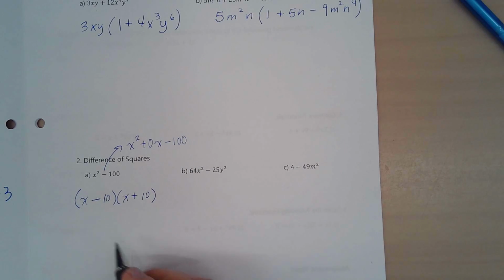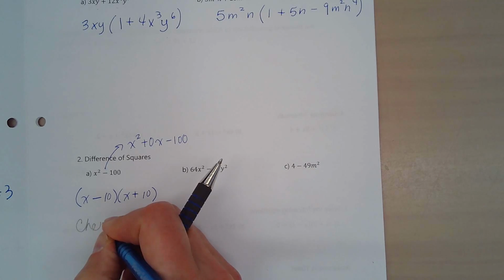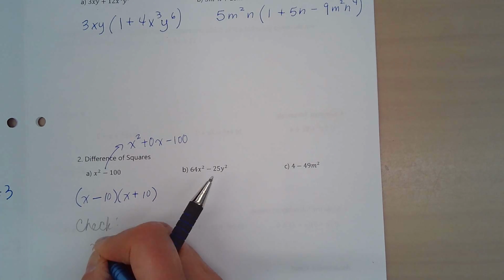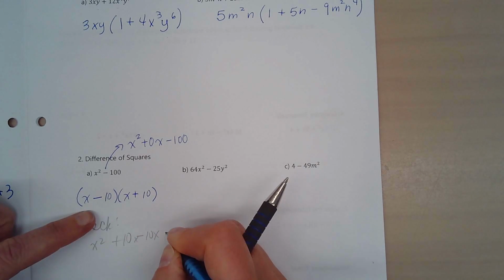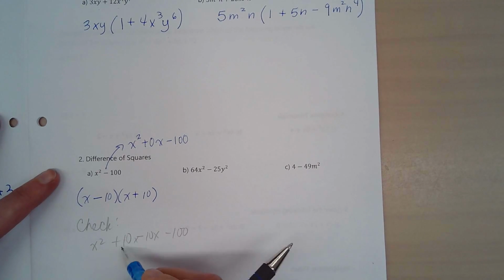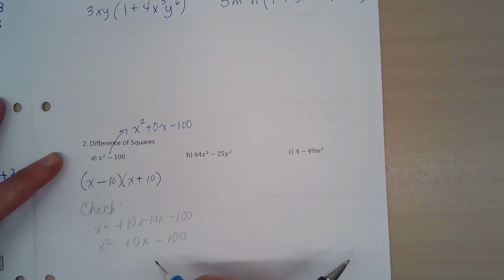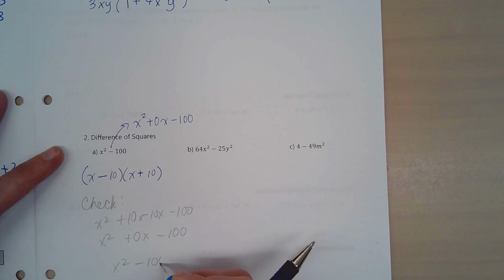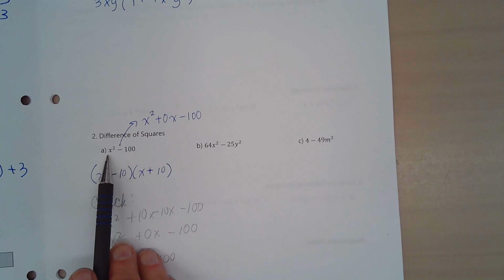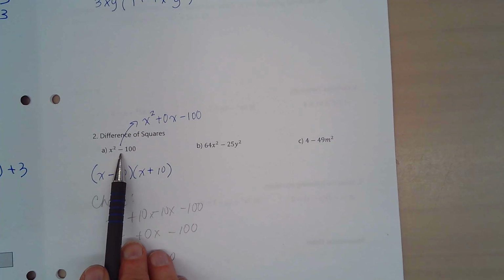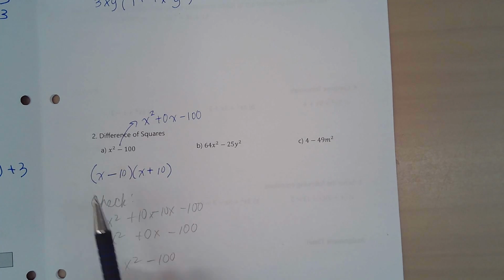To check this answer, I'd get x squared, my positive 10x, my minus 10x, and my negative 100. These cancel each other out, leaving me with 0x, which I would just record as x squared minus 100. So difference of squares are easy to pick out: they're two terms connected by a minus sign, a difference, and they're both perfect square numbers, like the x squared and the 100. Okay?